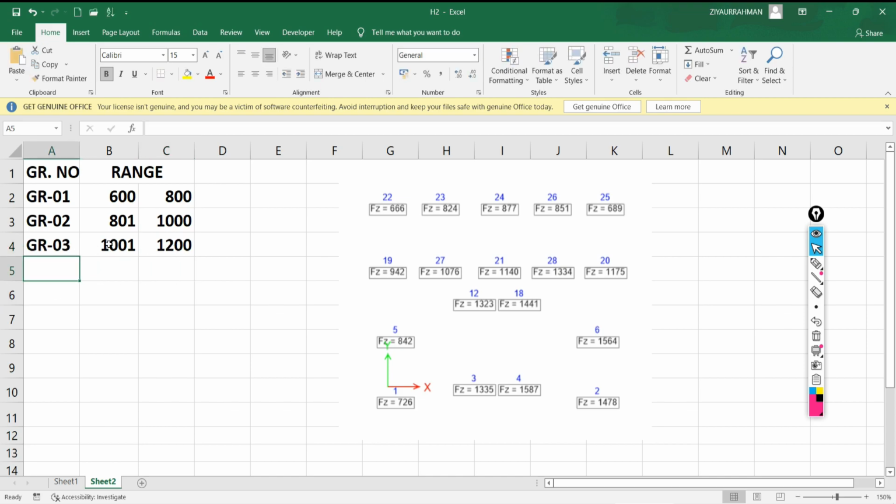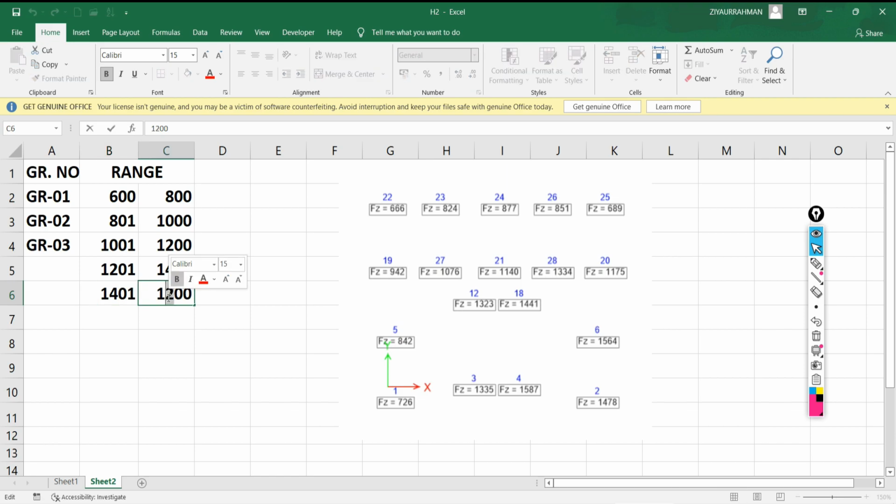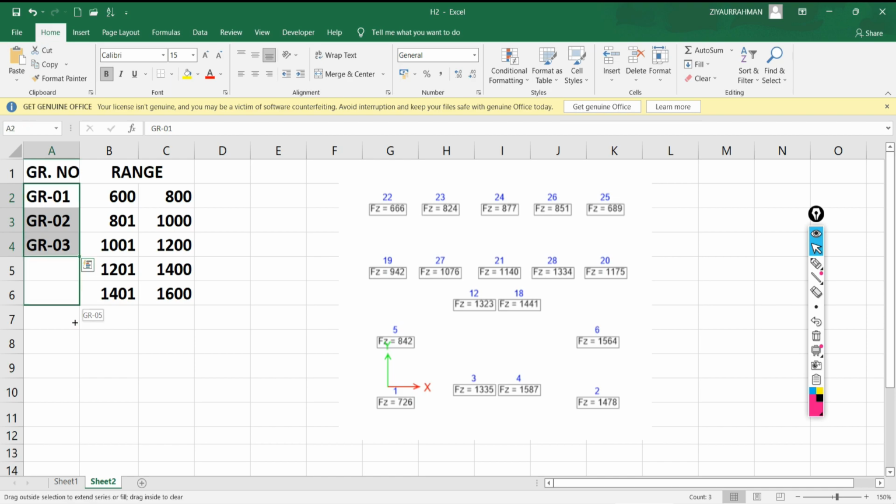And then 1201 to 1400, 1401 to 1600. That's all. Is there any loading more than 1600? None. No, sir. So up to 1600.